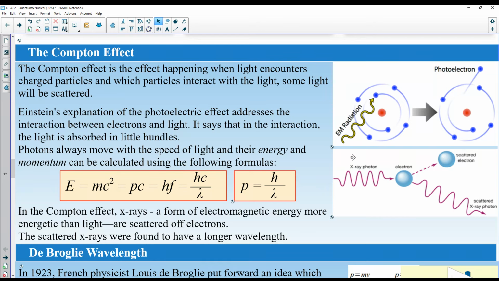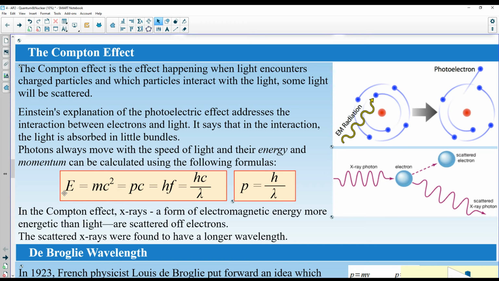If electromagnetic radiation photons are coming and bombarding an electron, the electron might be scattered or freed, and at the same time some of the photon energy can be released. Here's an example, the X-ray. This is how X-ray is made. The electron has some of the energy and the photon has some more. So maybe an X-ray photon came, a different wavelength photon is going to be leaving, but some of the energy is going to be given to the electron.